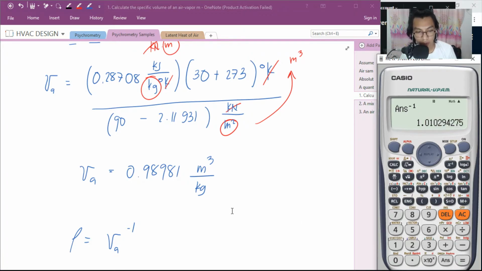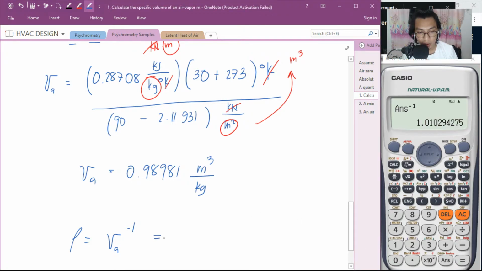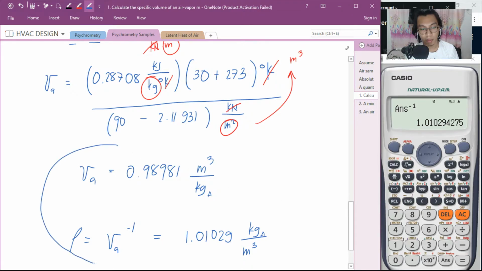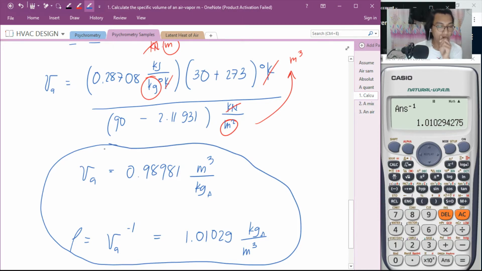So the absolute humidity is 1.01029 kilogram per meter cube. What is that? That is air. Okay? That is for problem number 1. Very basic lang po yan. How about problem number 2?